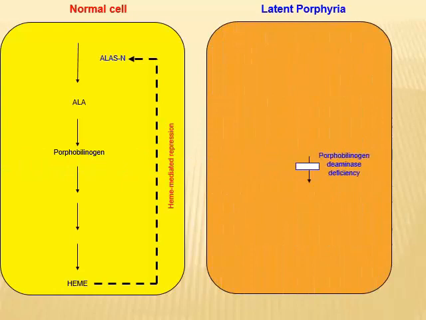In latent hepatic porphyria, there is a deficiency of one of the intermediate enzymes, e.g. porphobilinogen deaminase enzyme, with subsequent increase of the concentration of the toxic metabolite, porphobilinogen.